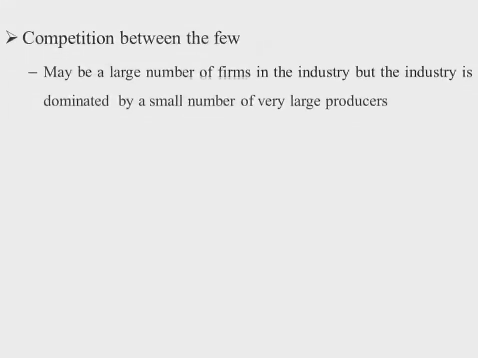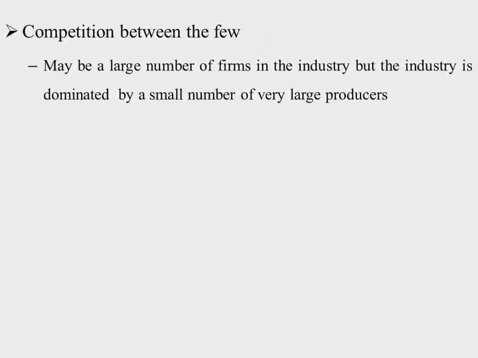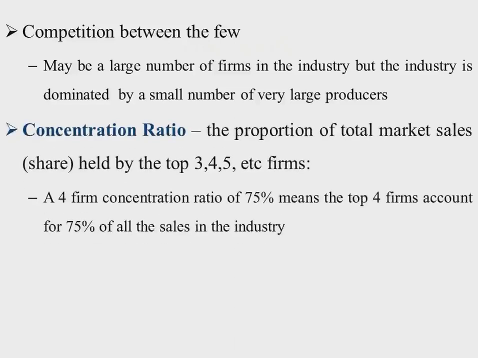Let's look at some of the features that stand out under monopolistic competition, and we see that this market structure may have a large number of firms in the industry, but the industry is mainly dominated by the larger firms. And out of this, we are able to measure the concentration ratio depending on whether you want to get the 4th, the 5th, and so on. So let's assume a concentration ratio of, say, 4 for 4 firms.